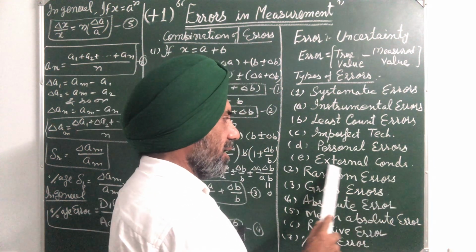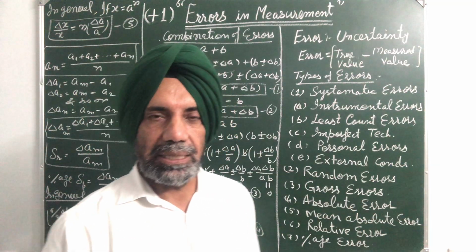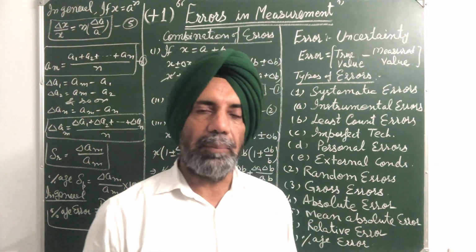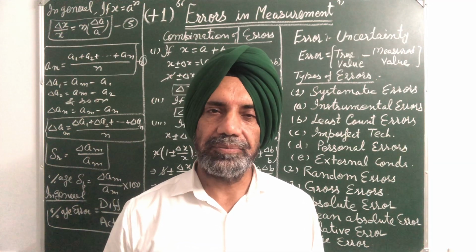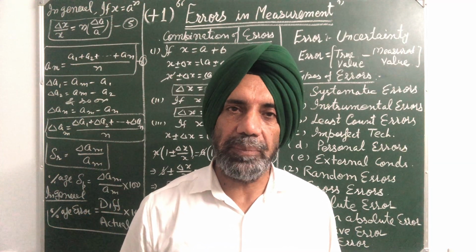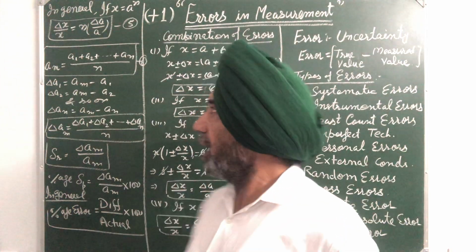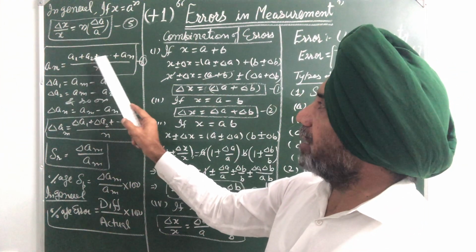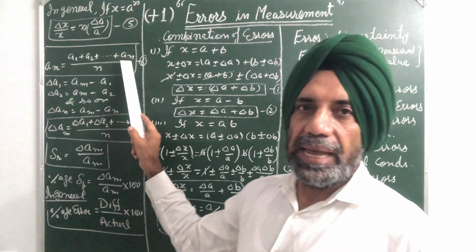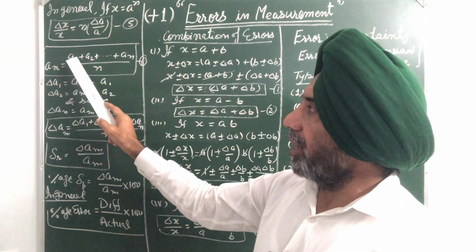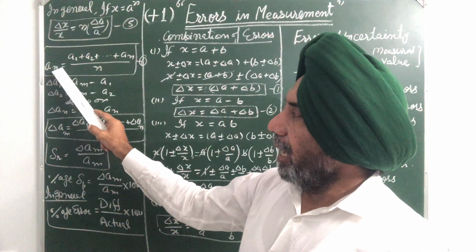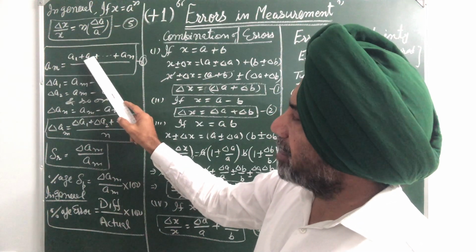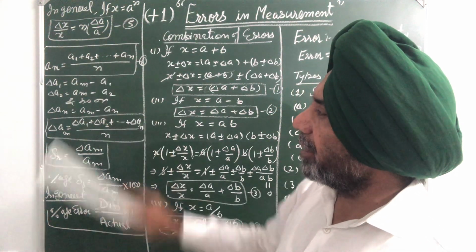Now, how can these errors be minimized? These errors can be minimized by taking a number of observations for a given measurement and then finding their arithmetic mean. Suppose A1, A2, A3 and so on, An be the n observations taken for a physical quantity. Then Am is given by A1 plus A2 plus so on plus An upon n.